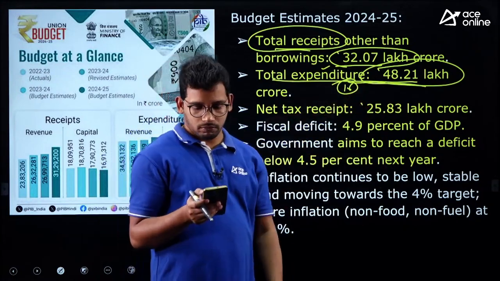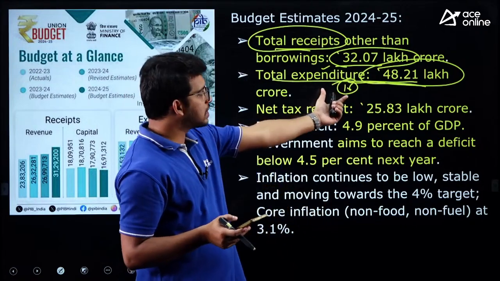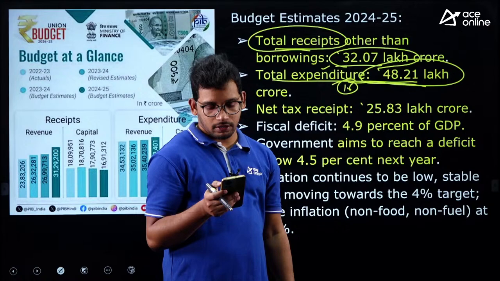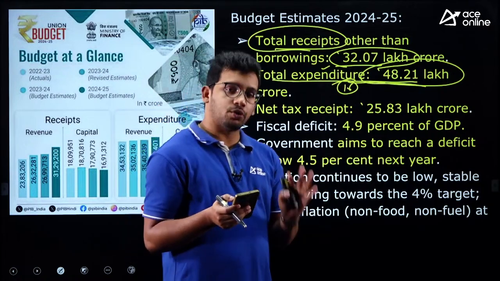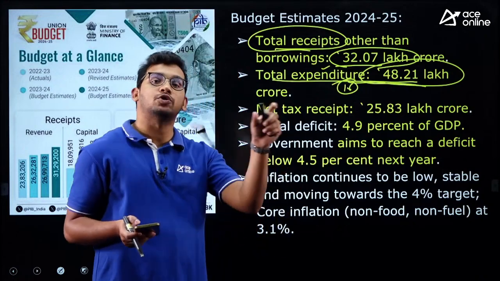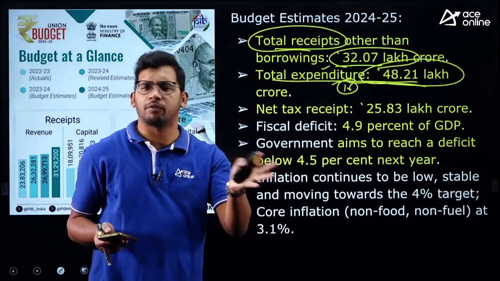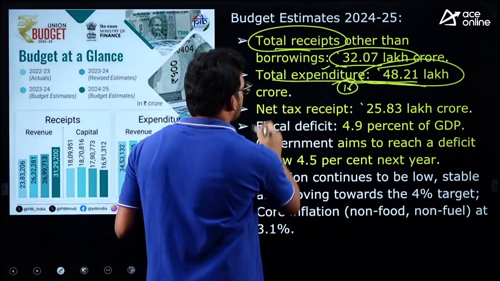So what will you do to get the 200 rupees? Here, 16 lakh crores, where can government get it? Yes, very good, borrowings. Government has to borrow from markets or from the World Bank, wherever it may be. That borrowing is called the fiscal deficit.